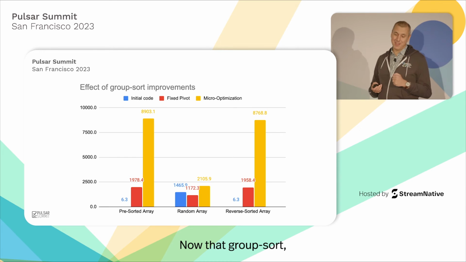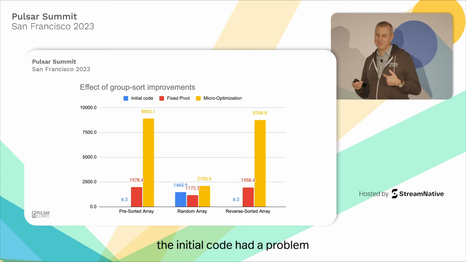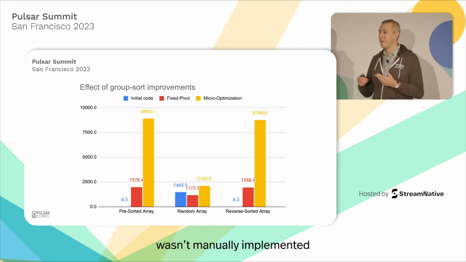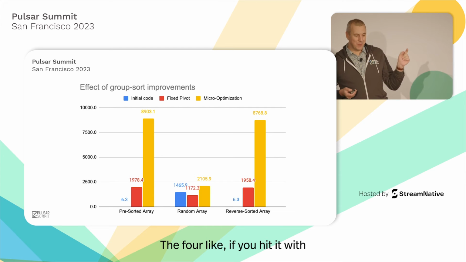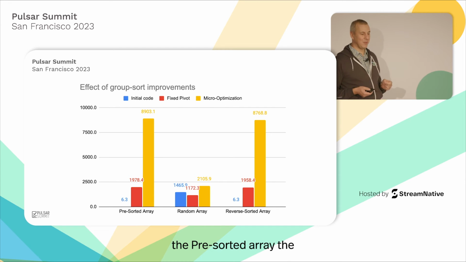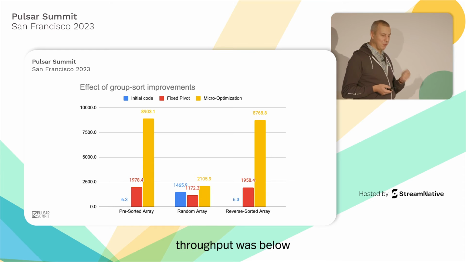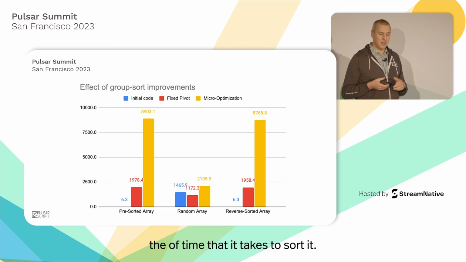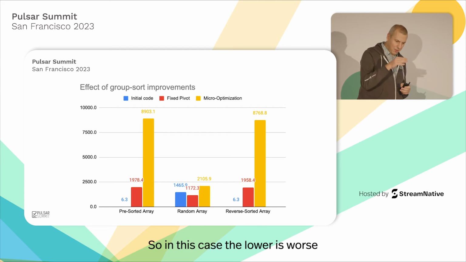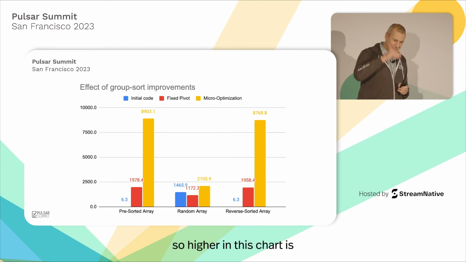Now, that group sort, the initial code has a problem because the quick sort was manually implemented, and the pivot selection was bad. Therefore, if you hit it with a pre-sorted array, the throughput was very low, that is, the amount of time that it takes to sort it. So in this chart, higher is more operations per second.